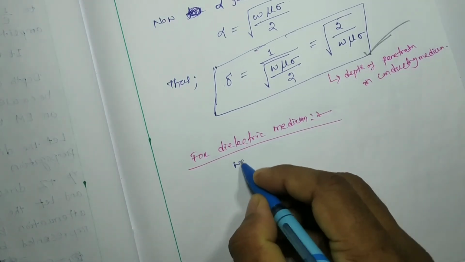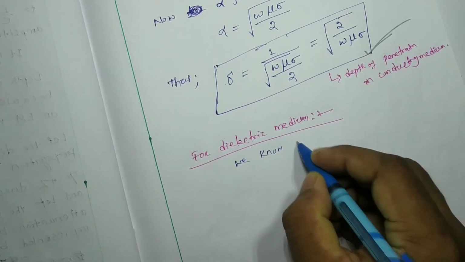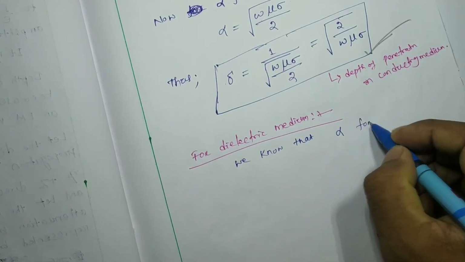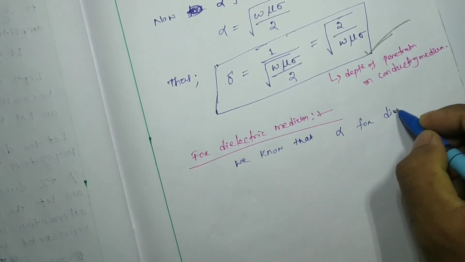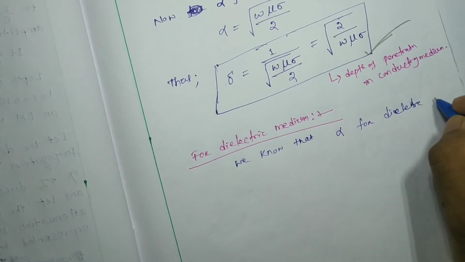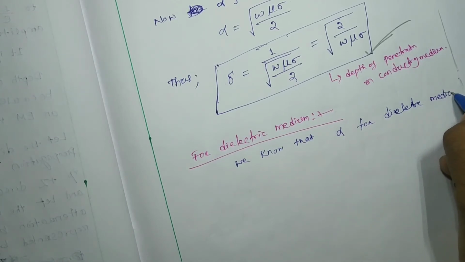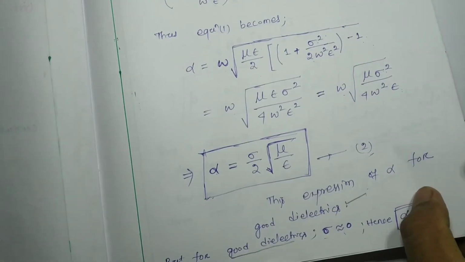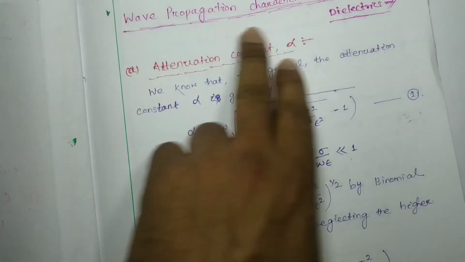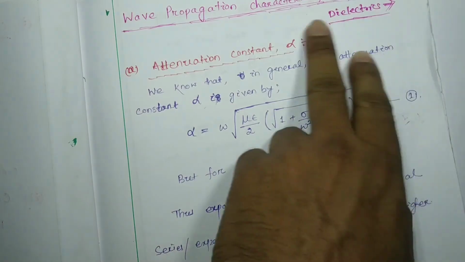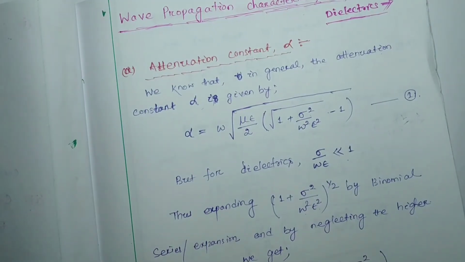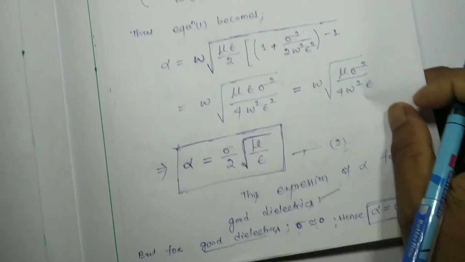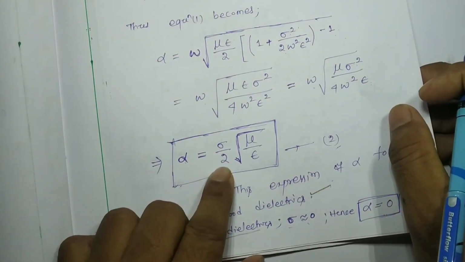We know that alpha for a dielectric medium, just go back to your notes, is given under propagation characteristics in good dielectrics, and the alpha value is sigma by 2 root over mu by epsilon.